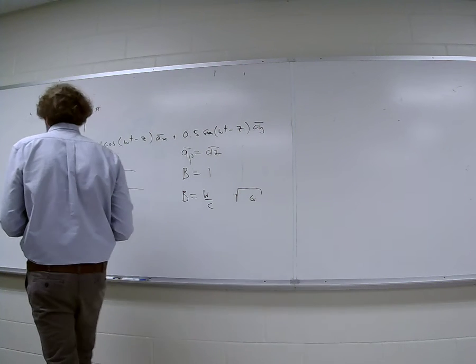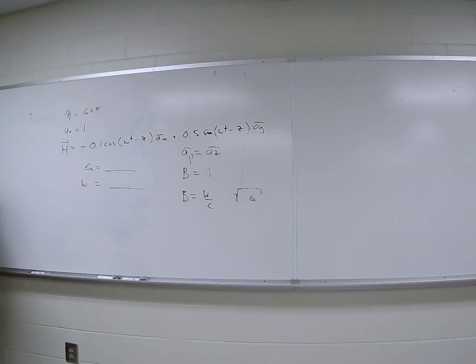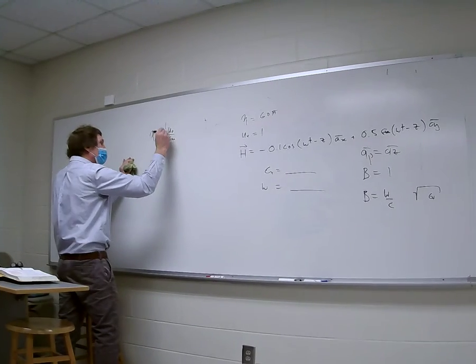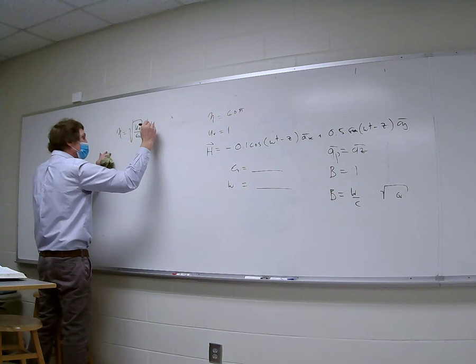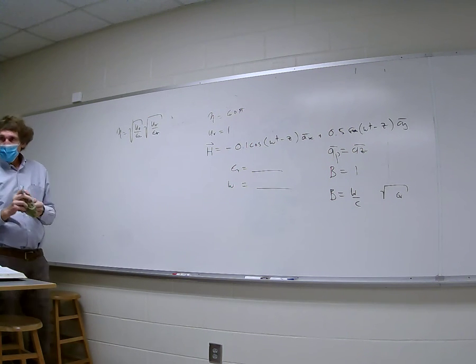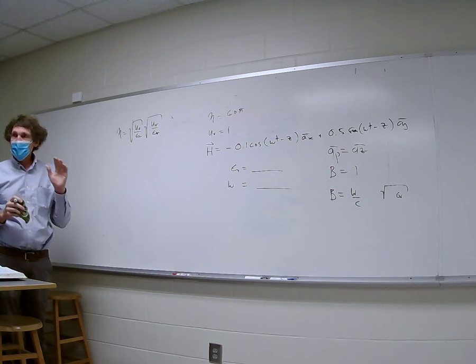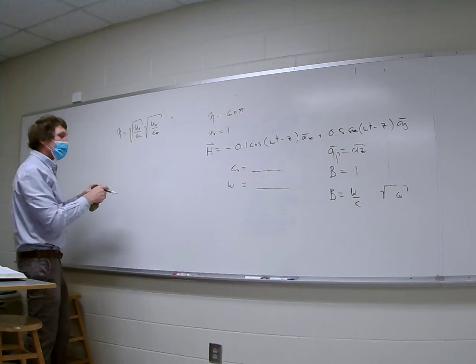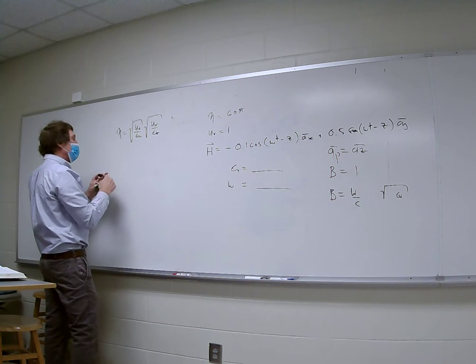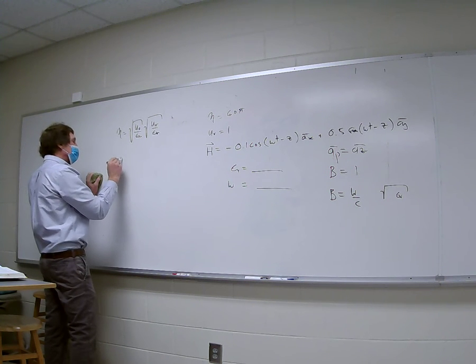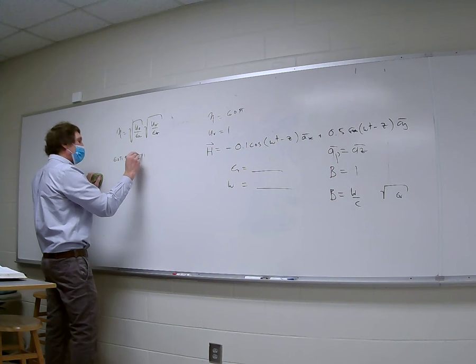And now I can find epsilon relative from eta, right? Because for a lossless case, eta is square root of mu naught epsilon naught times square root of mu relative over epsilon relative, right? You with me on this, everyone? I'm just repeating. I break it out, so this is 120 pi. So I have 60 pi, which is given, over 120 pi.